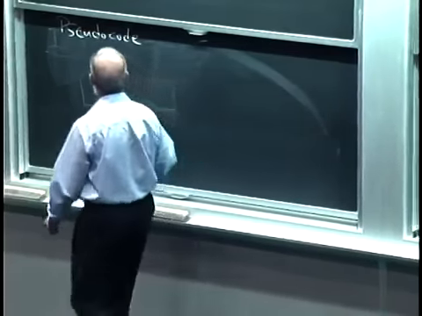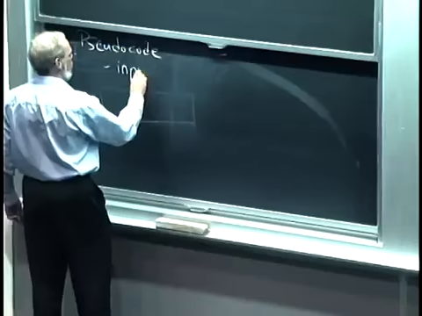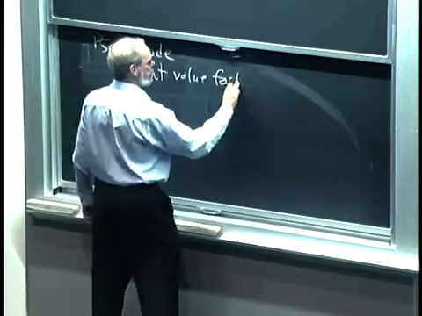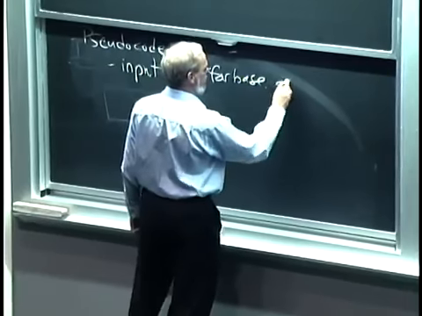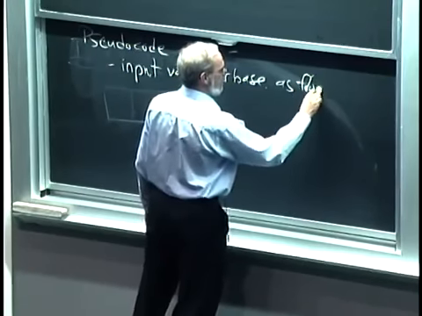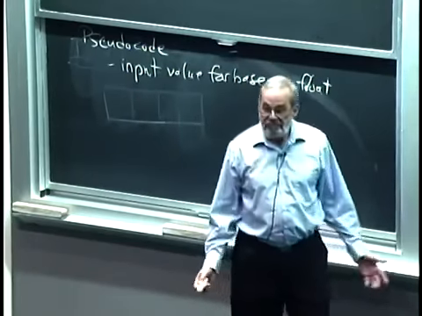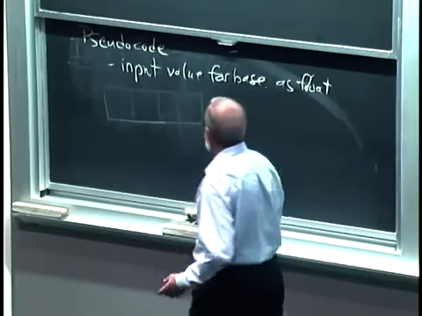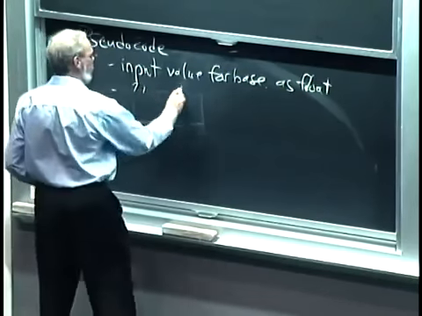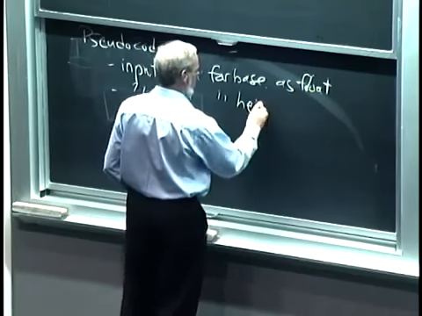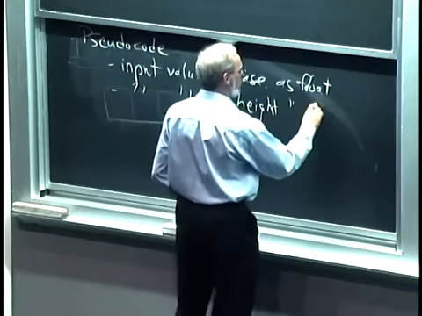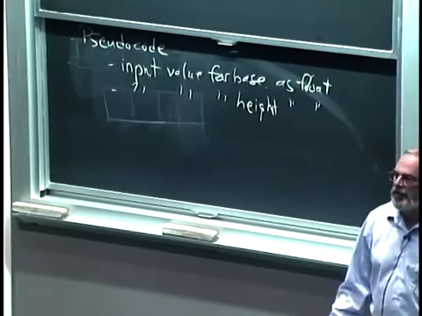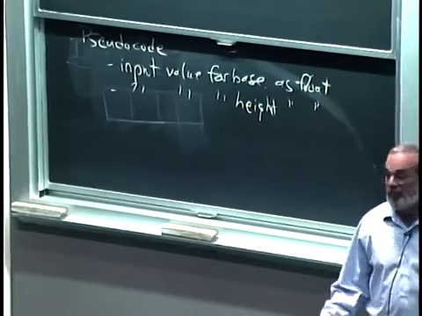I would say, first thing I want to do is input a value for the base as a float. I need to get the base in. Second thing I want to do, I need to get the height. So I'm going to input a value for the height, also as a float, a floating point. Okay, I get the two values in. What do I need to do? Well, you sort of know that, right?